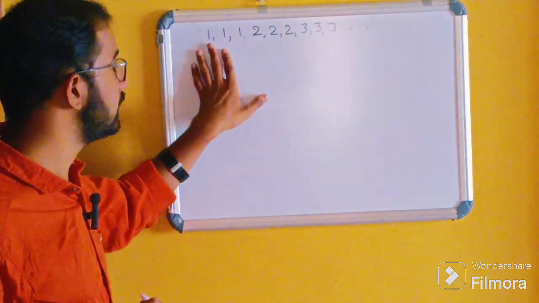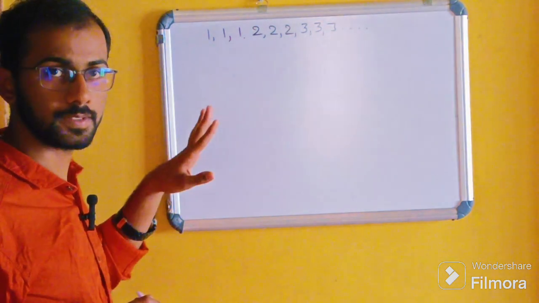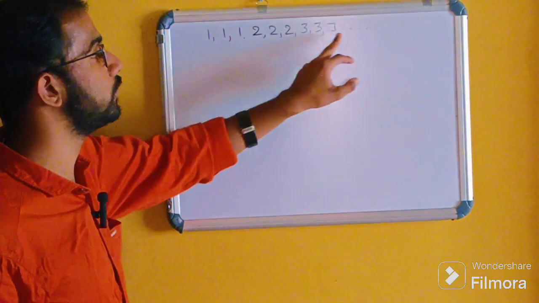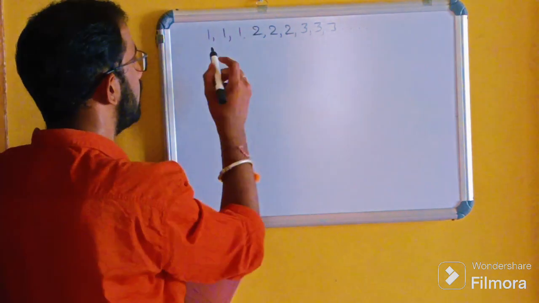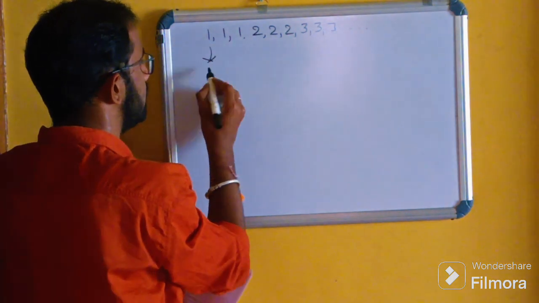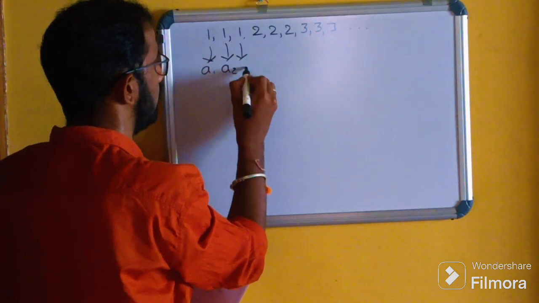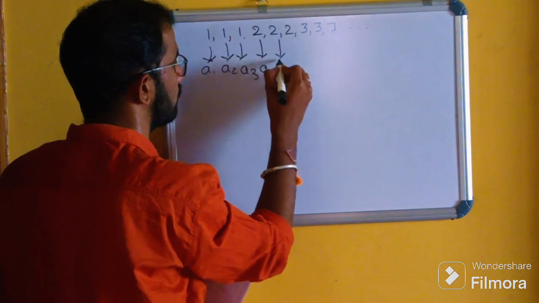A3 minus A2. What is A3? It is 1, and 1 minus 1 is also 0. A4 minus A3. What is A4? It is 2.